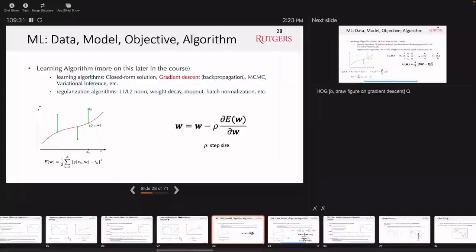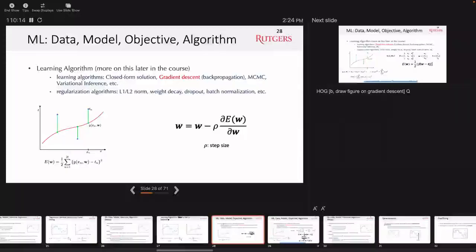The next step is that you take the gradient of the objective function with respect to W. What does the gradient look like? It points towards this direction. The gradient is actually positive. Using this equation, we move W in the opposite direction of the gradient.